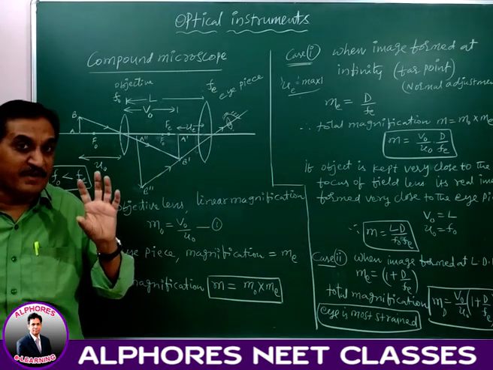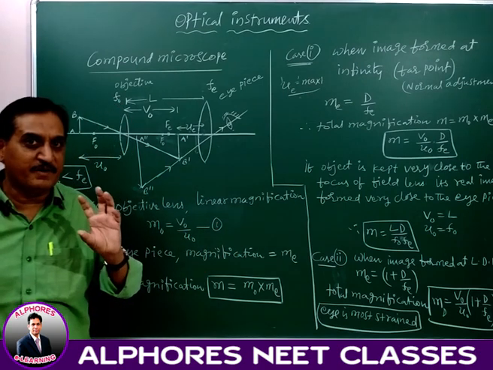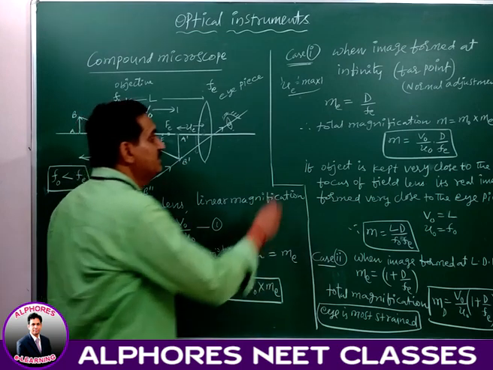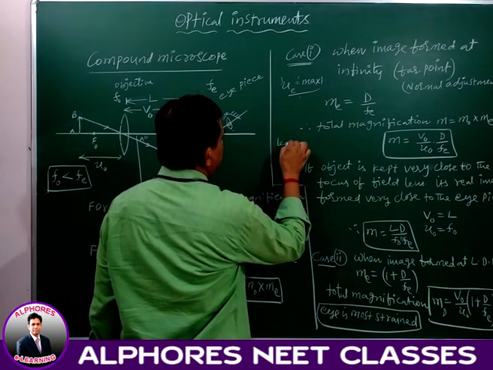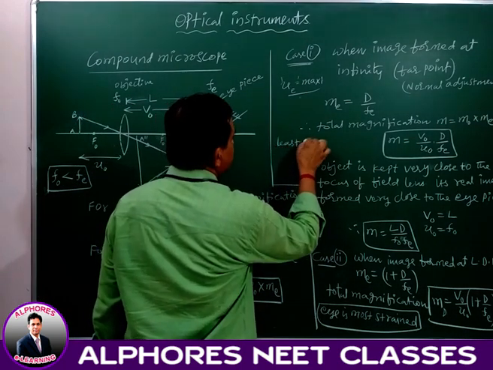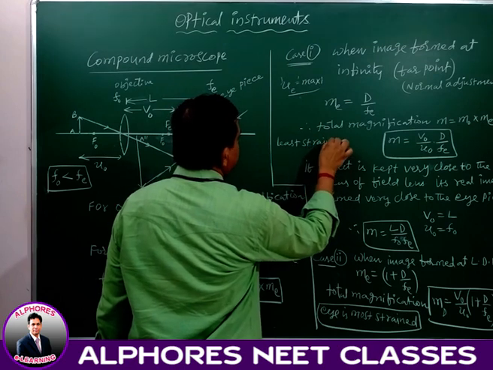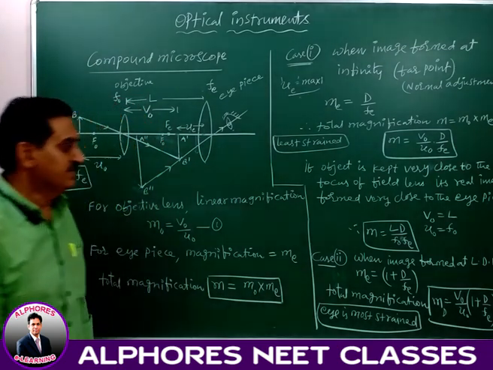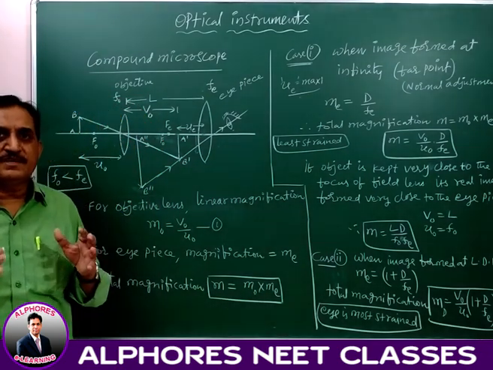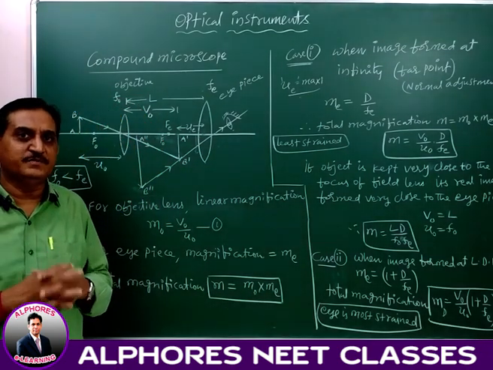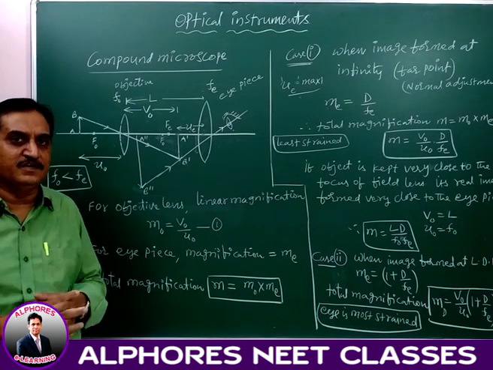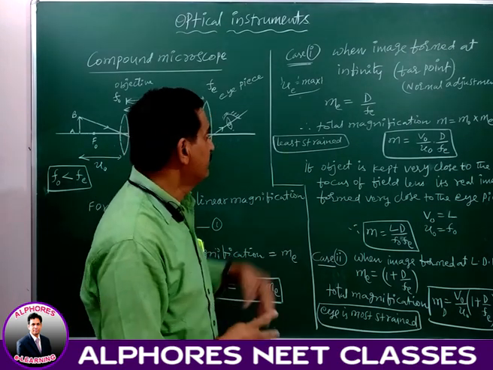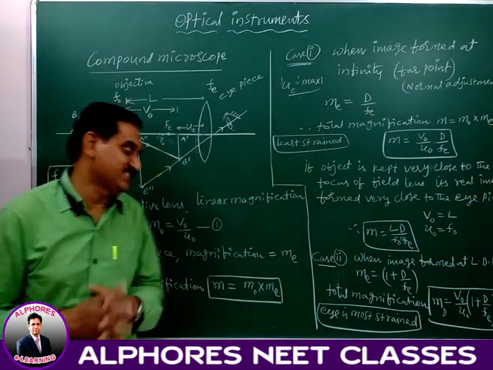When the magnifying power is minimum, it is least strained, which means the observer will be comfortable in observing that image which is formed at infinity. Least strained, magnifying power is minimum, but the object distance is maximum.